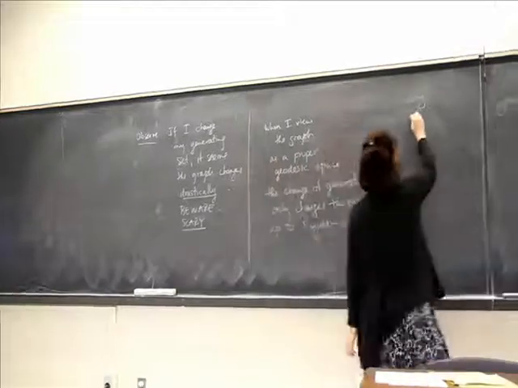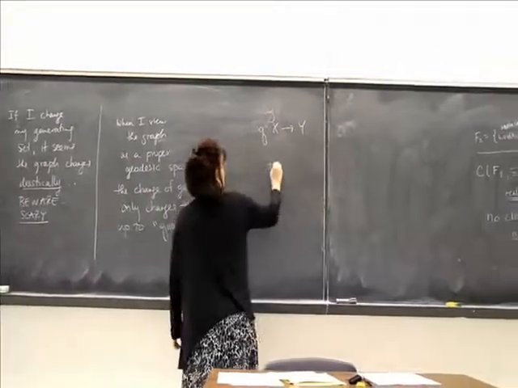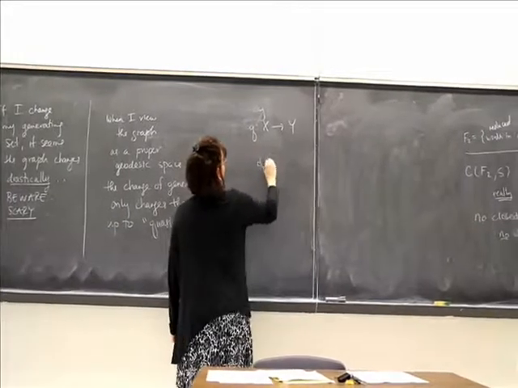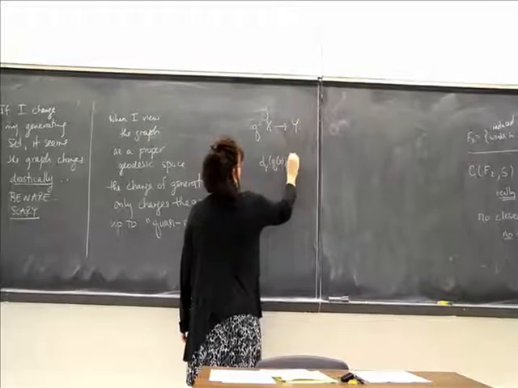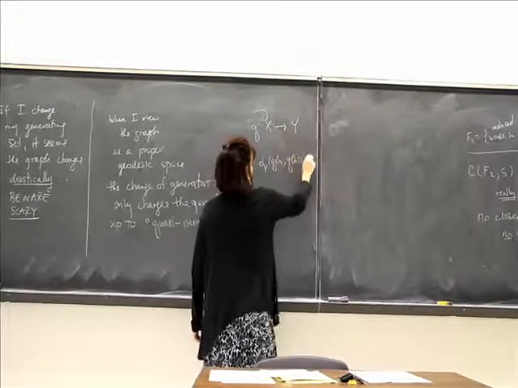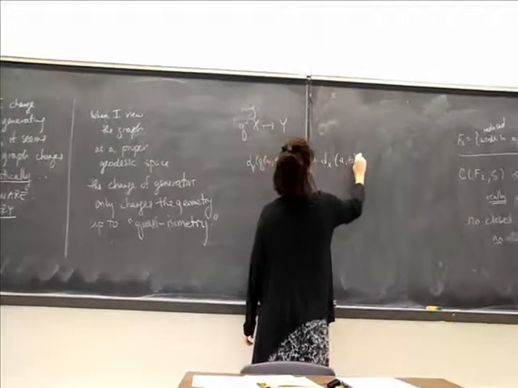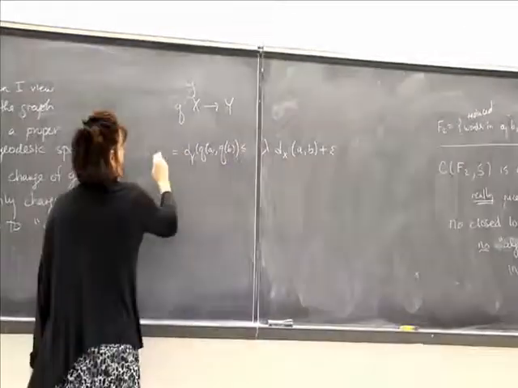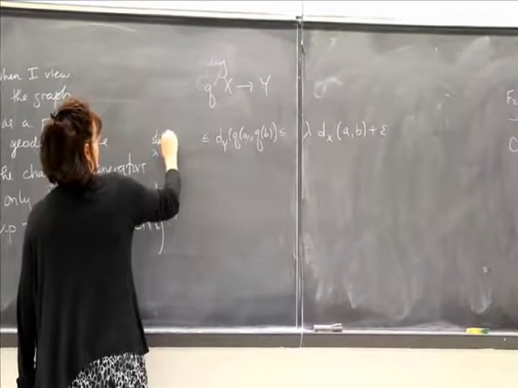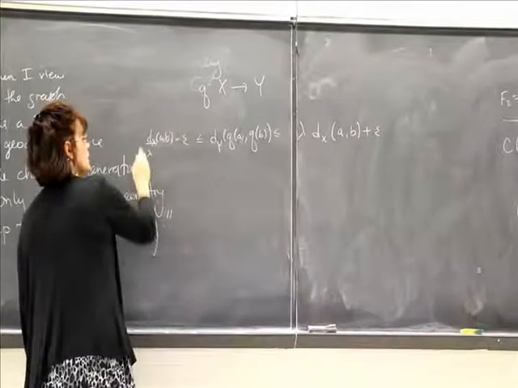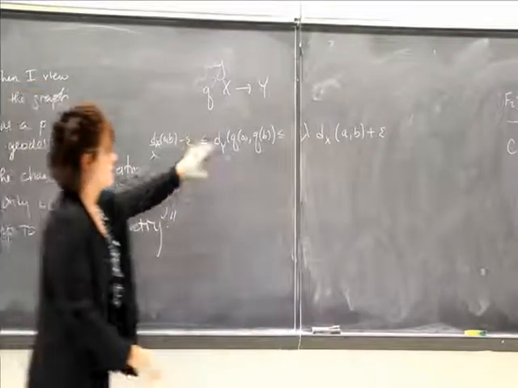So here's what I mean by quasi-isometry. A map q between two metric spaces X and Y satisfies that the distance measured in Y between q of a and q of b is less than or equal to lambda times the distance measured in X of a and b plus an epsilon. I could use lambda again. So it's a linear distortion of the metric. And then there's this business about a plus epsilon.